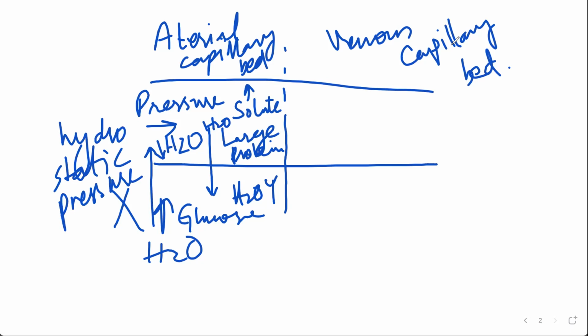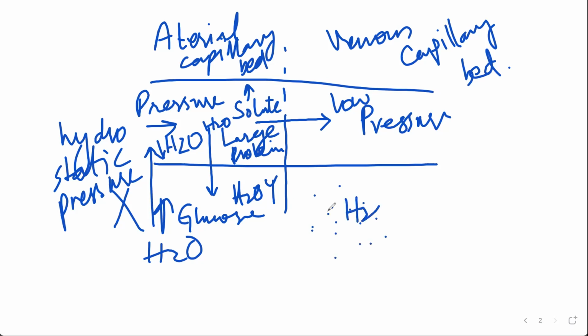ठीक है, अब ये large proteins containing blood will come here in the venous blood, ठीक है, तो net movement अब यहां पर प्रेशर is low, क्यों? क्योंकि अब तो ये venous capillary bed है, यहां पर जो tissue fluid है उसके अंदर water is still high potential and here low potential, so and the pressure is also low, so the water does not come out, then water will go back.